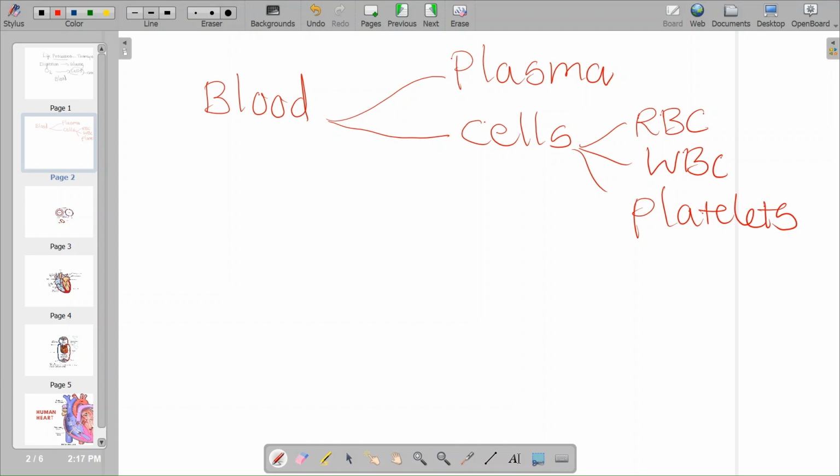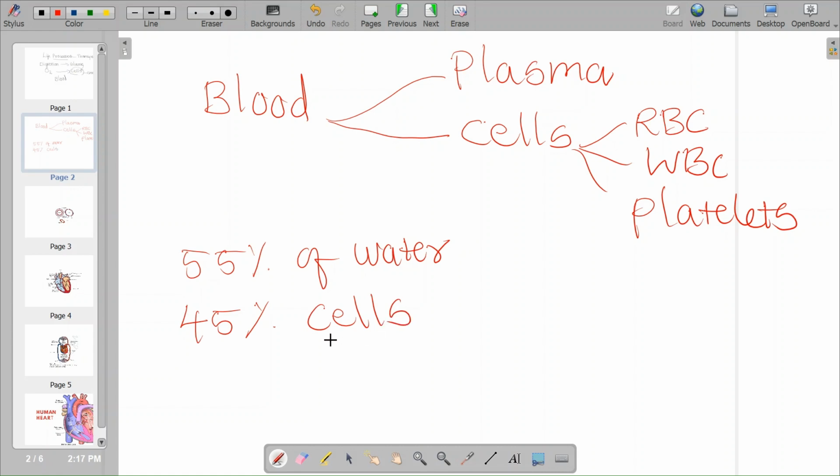First we will discuss the plasma. What is the role of plasma in our body? Plasma contains 55 percent water, and the remaining 45 percent is the blood cells, which are suspended in our plasma.